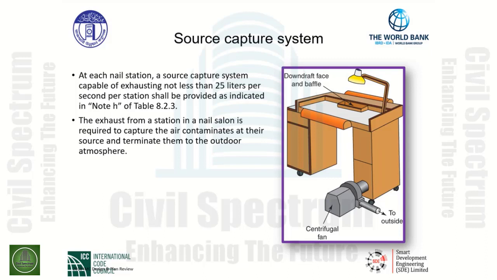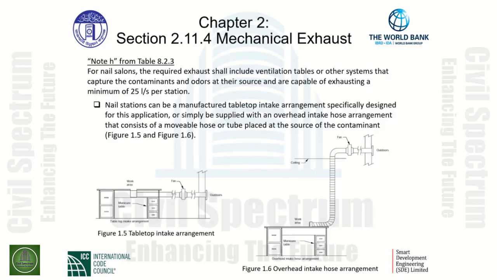The exhaust from a station in a nail salon is required to capture the air contaminants at their source and effectively terminate them to the outdoor atmosphere. The source capture system must provide a source capable of exhausting a minimum of 25 liters per second per station.